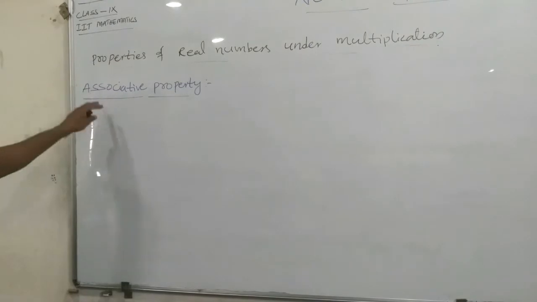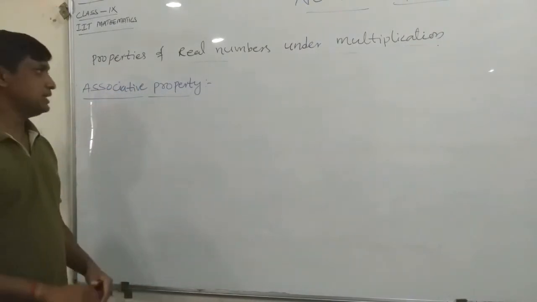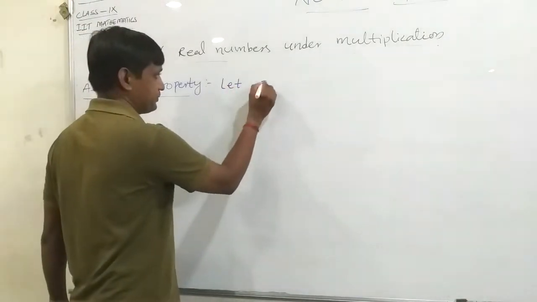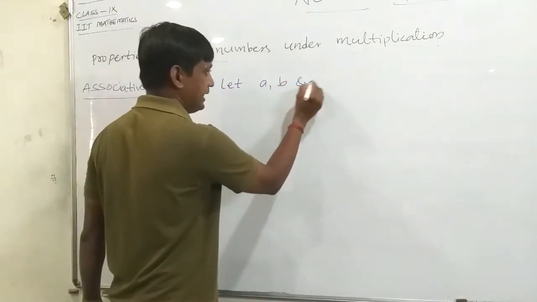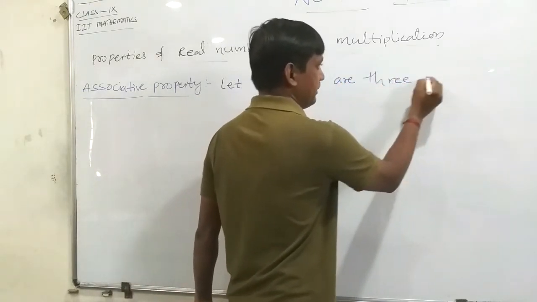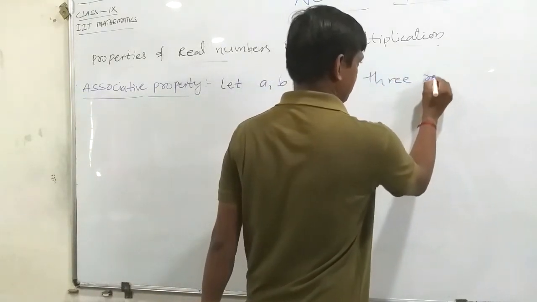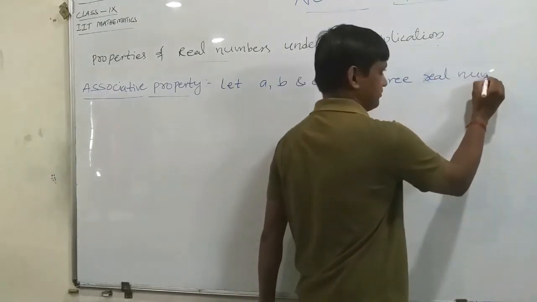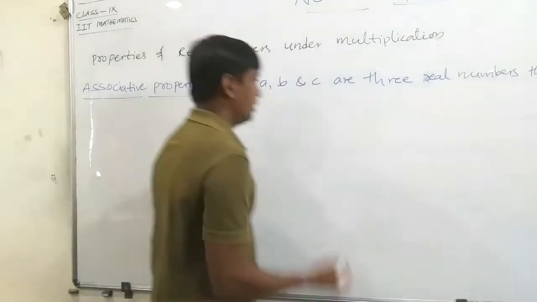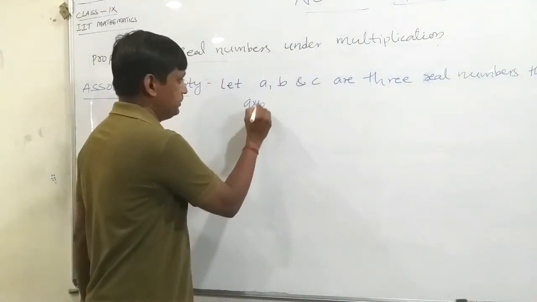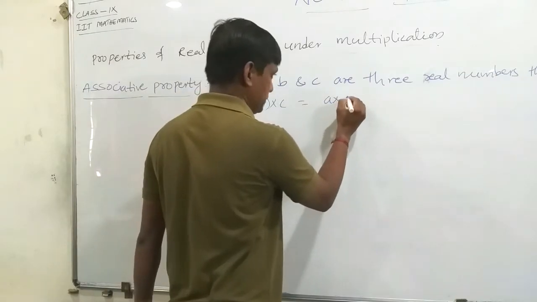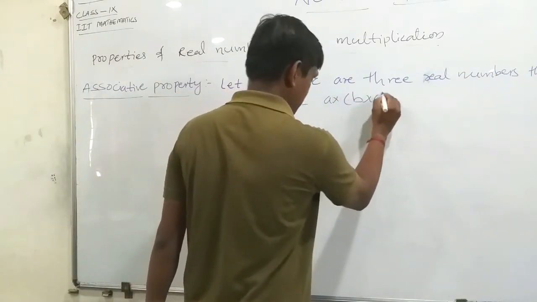Children, the next property is associative property. So here I am taking three real numbers. Let A, B and C be three real numbers, then (A into B) into C is equal to A into (B into C).